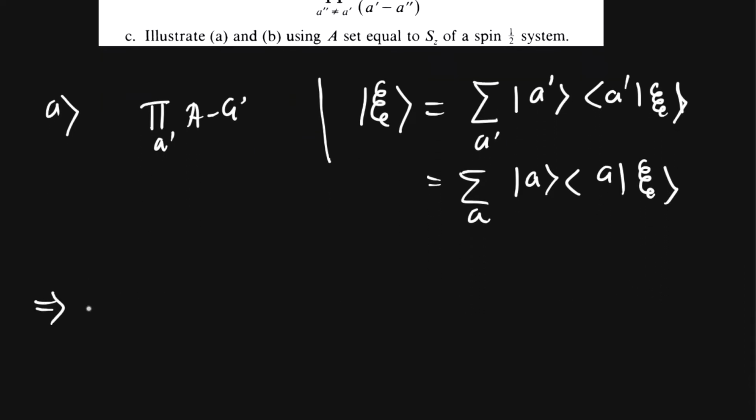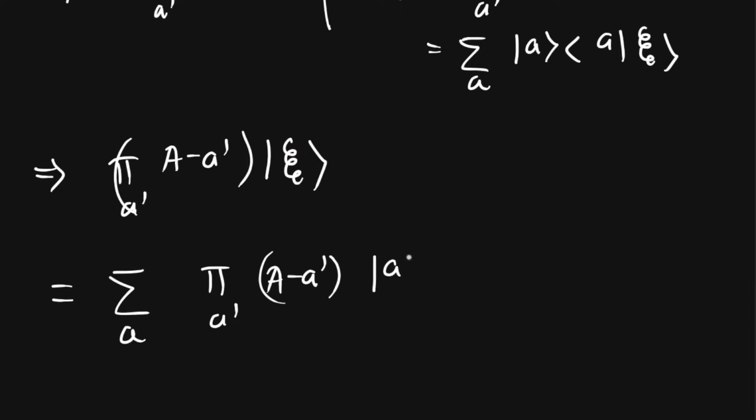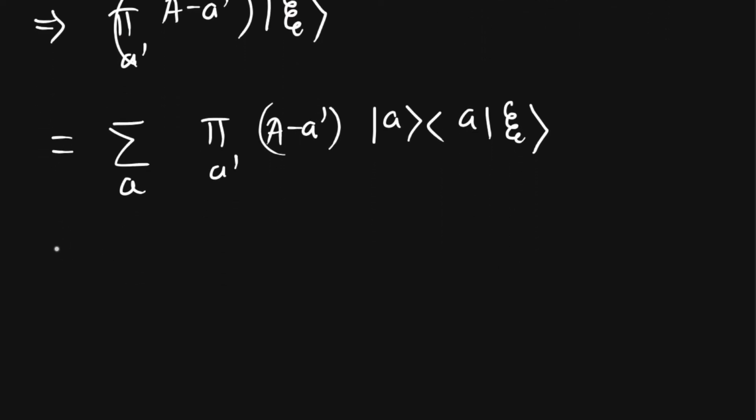Now if we operate this operator on this state, we'll get the sum over a of c_a times the product over a' of (A - a') acting on |a>, which is equal to the product over a' of (a - a').